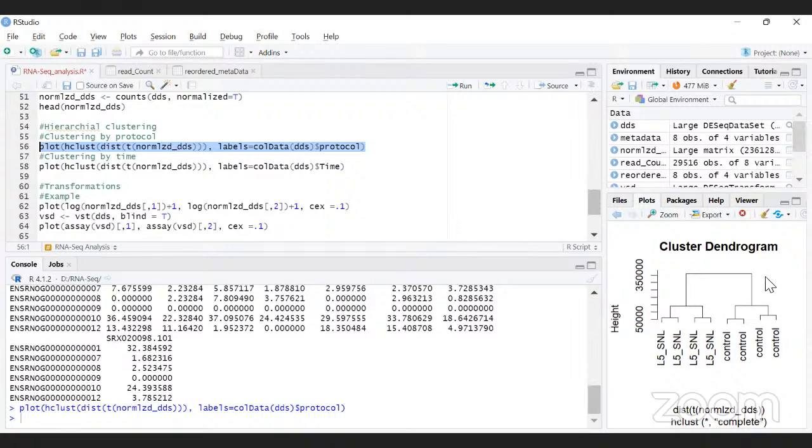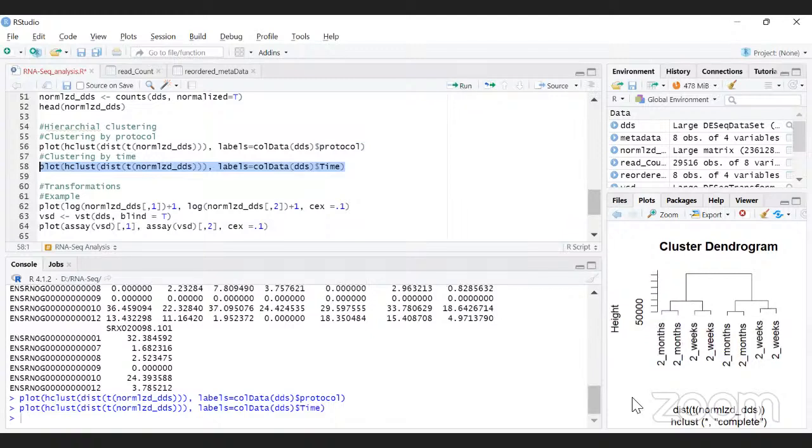So this is with respect to the protocol. If you also want to look at the variation due to time, you can see there's an inner cluster within the control and the treated samples. Within this particular treated group, we can see that the 2-month samples are more closely together than the 2-week samples.